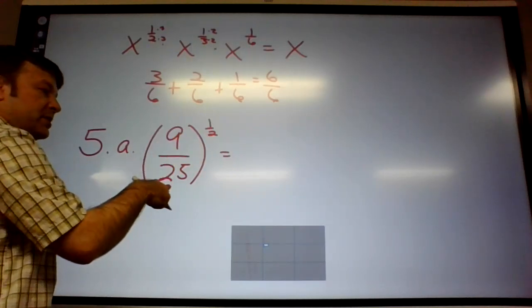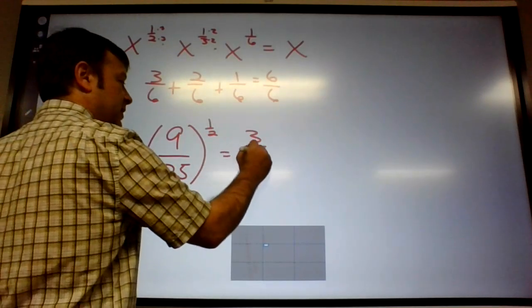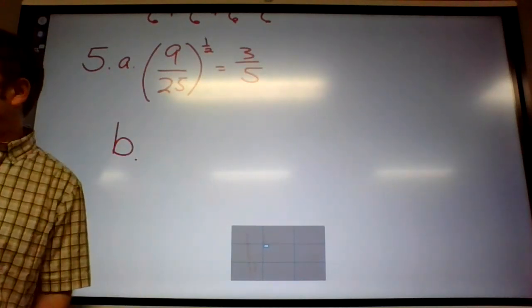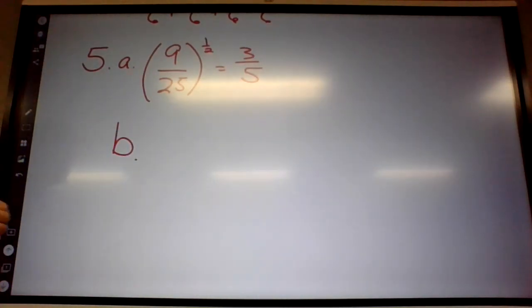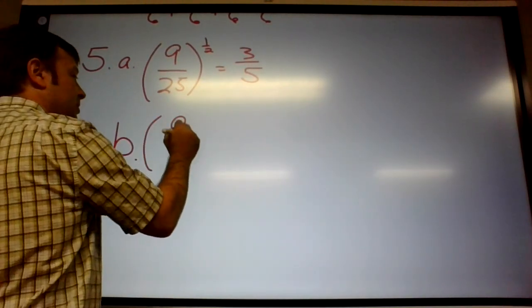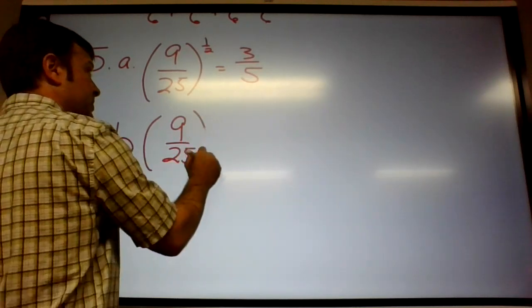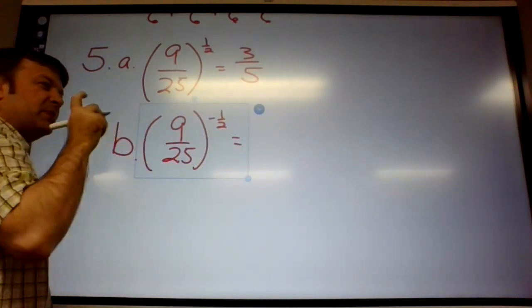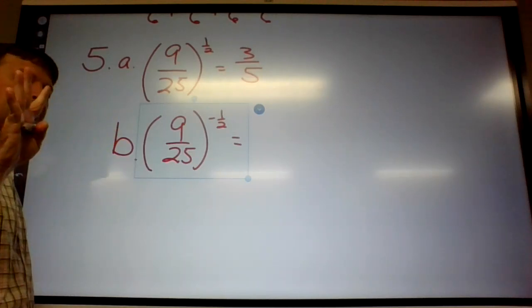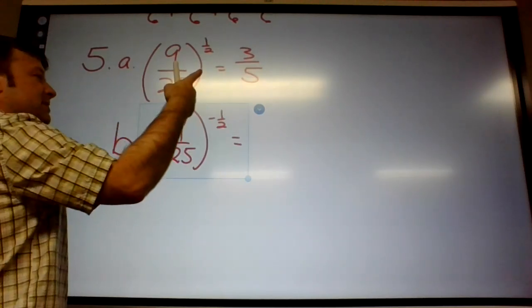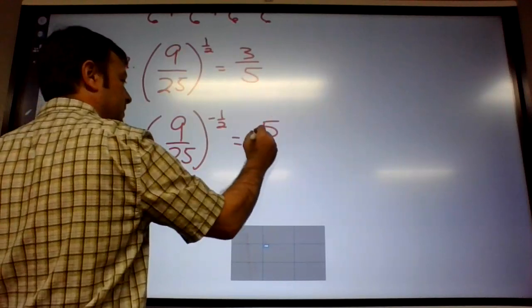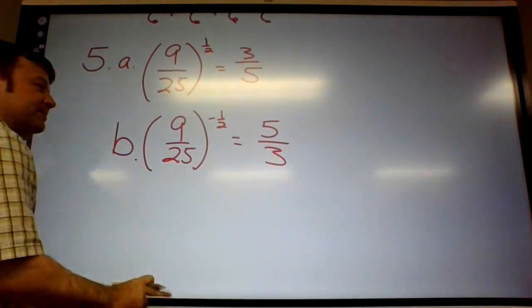What's the square root of these two guys? 3 and 5. See, it's faster without a calculator. 9/25. Okay, B is almost the same except for the exponent is negative. Please tell me you know what that means when the exponent is negative. Right. So it's the same answer as A except flipped.